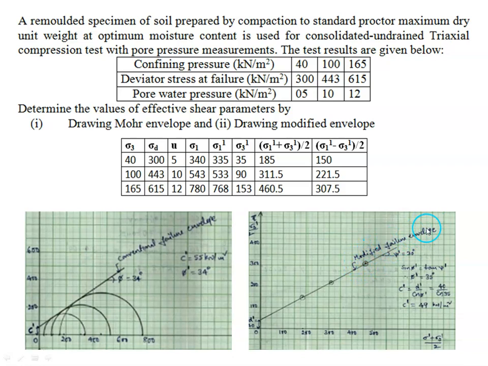The angle made by this envelope with the horizontal gives the modified angle of shearing resistance, that is Z dash, and the intercept is D dash. So here Z dash equals 30 degrees and D dash equals 40.